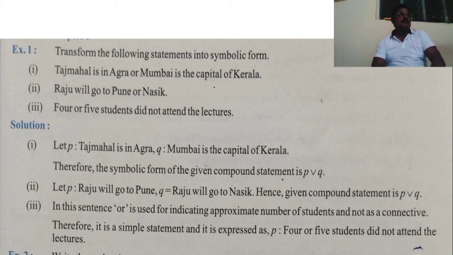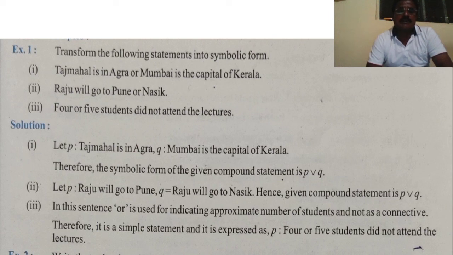Taj Mahal is in Agra or Mumbai is the capital of Kerala. We have two simple statements. The first simple statement is P: Taj Mahal is in Agra.